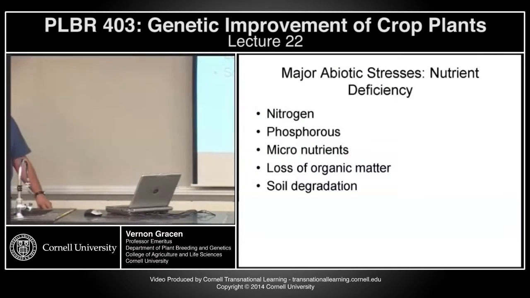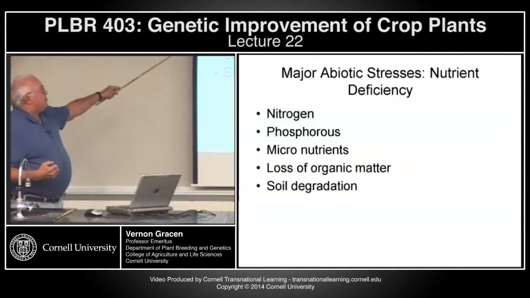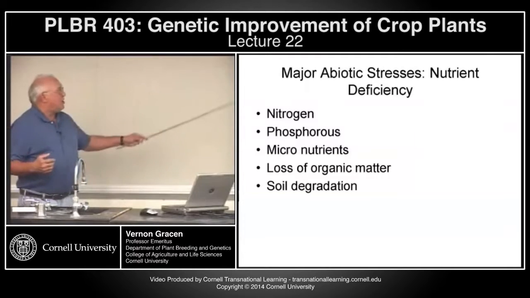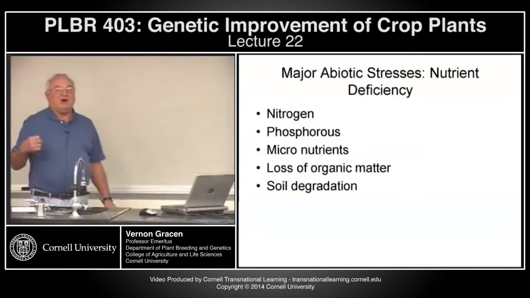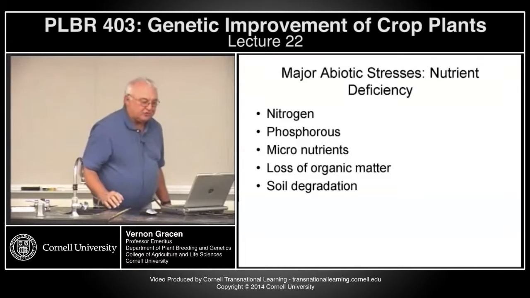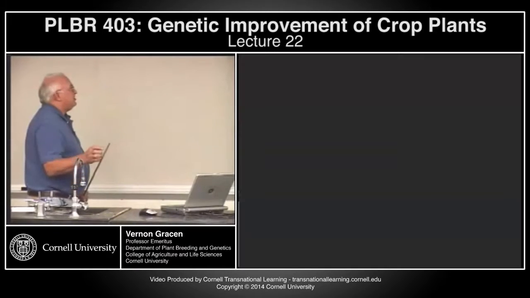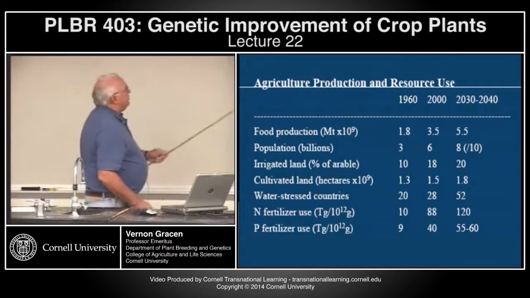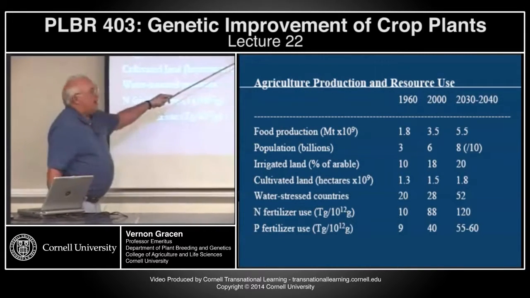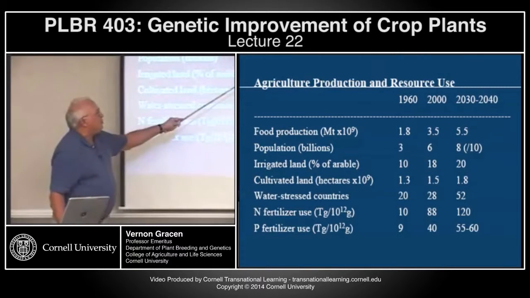Nutrient deficiencies, nitrogen, phosphorus, micronutrients, actually deterioration of soil and loss of organic matter are major factors that result in crop stress. I just put this in as sort of a summary. You can see from 1960 to 2000, our production of food almost doubled.